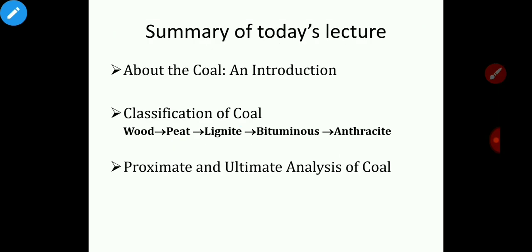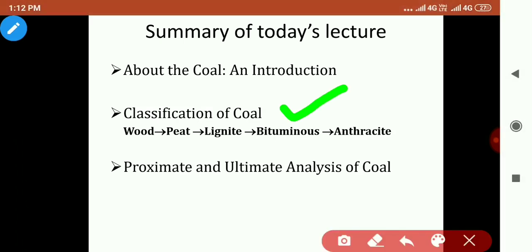So today's lecture summarizes three important things about the coal. We have taken into consideration an introduction of coal, and then classification of coal. We have classified the coal into basically 5 categories: wood, peat, lignite, bituminous coal and anthracite, considering anthracite as the highest quality fuel because it has the highest calorific value.